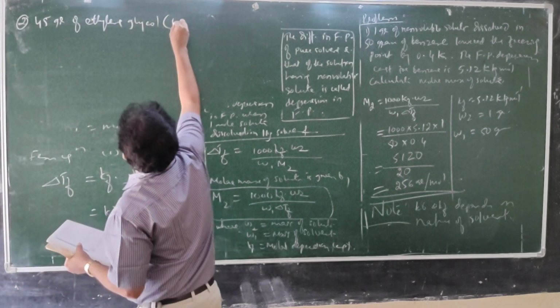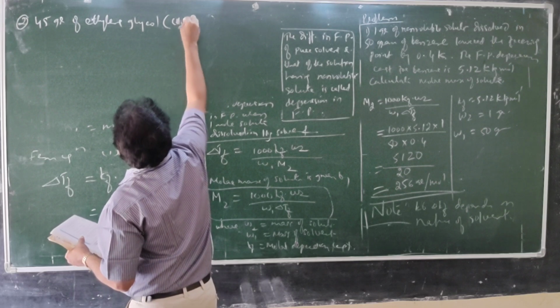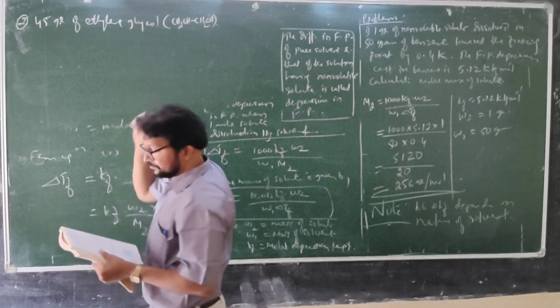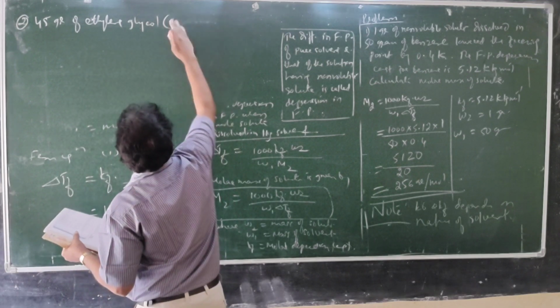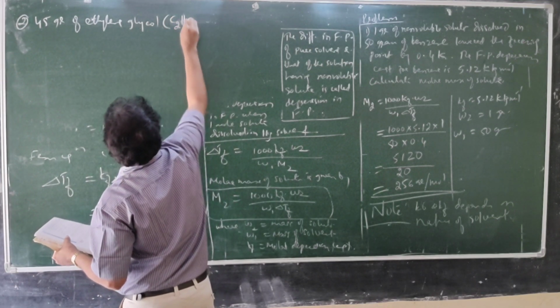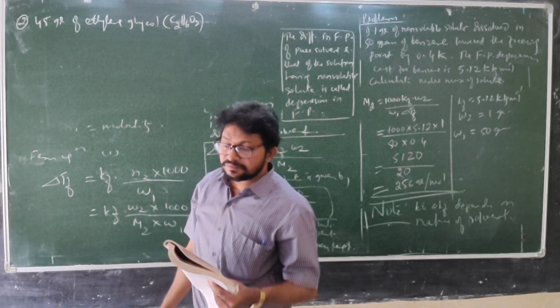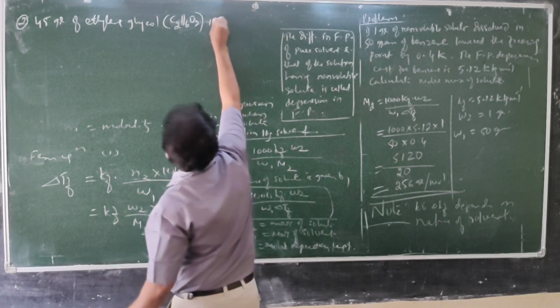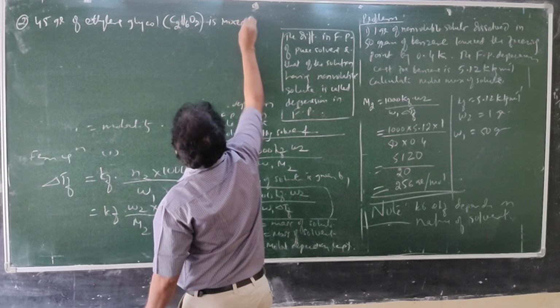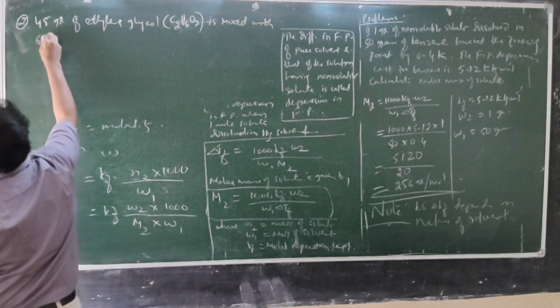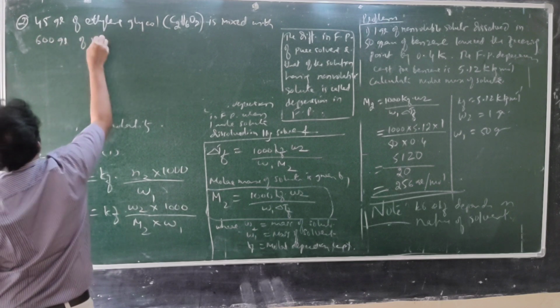Ethylene glycol, C2H6O2 is the molecular formula, is mixed with 600 gram of water.